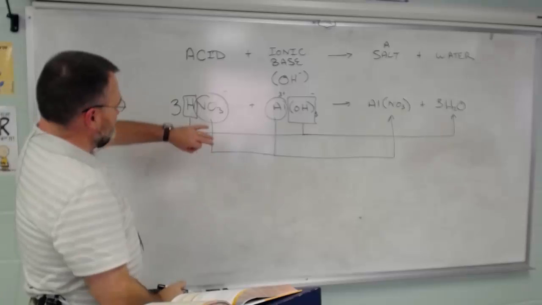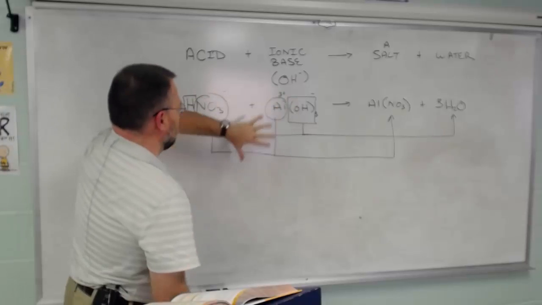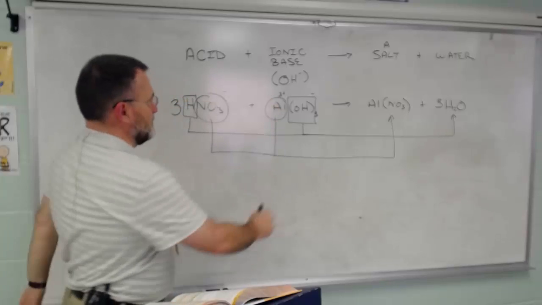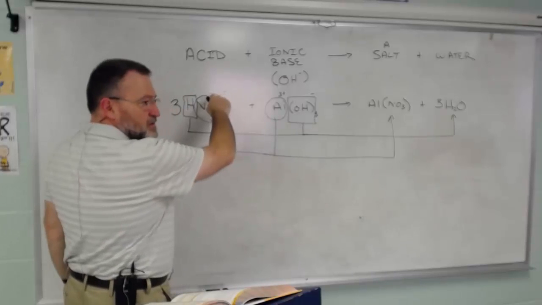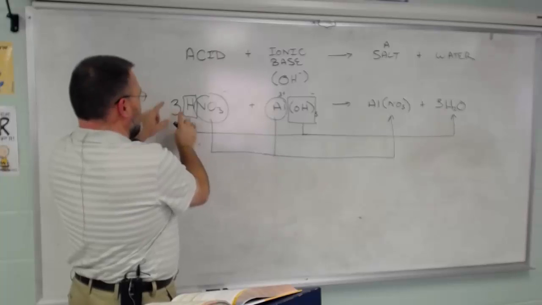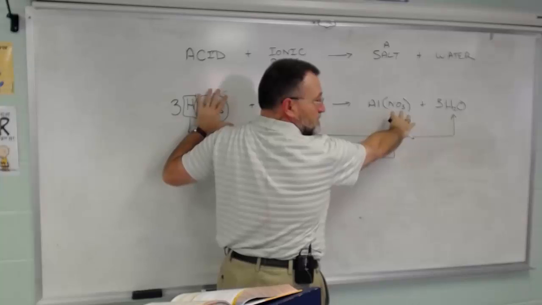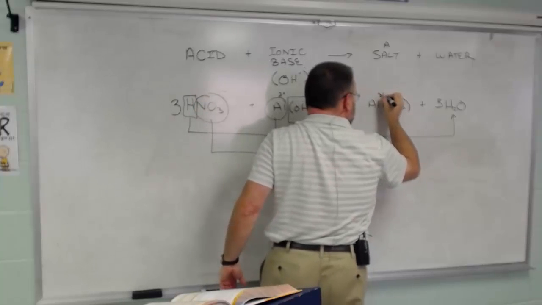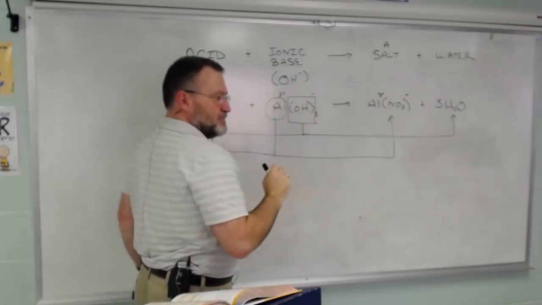Now I've got my aluminum. I've got my 2 components to my salt, right? Look it over here. I've got a 3 plus, right? And I have a 1 negative. But I've got 3 of them, right? So let's look at what the ideal relationship would be here first. Aluminum, remember we looked at that. It still has a 3 plus. We looked over here. This has a 1 negative. Okay?